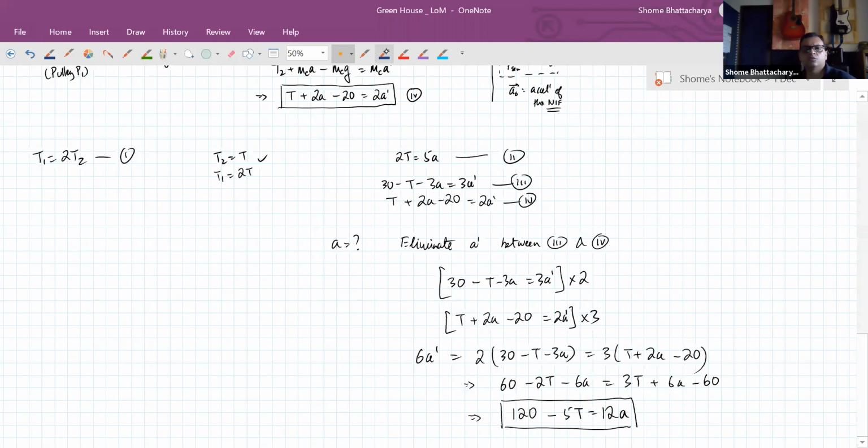And now in this equation, what we'll do is we will substitute the value of T from equation 2. Substitute T equal to 5 by 2A from equation 2. So that will give us the expression. And then of course we still have to calculate A prime.